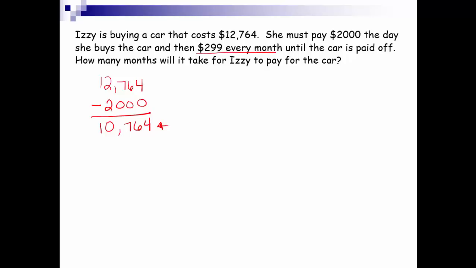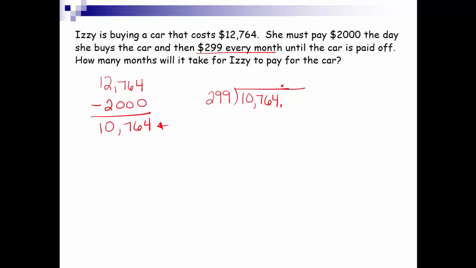Well, I'm just going to take this and split it up into payments of $299, and how long will that take? Well, if I'm breaking it up into payments of $299, that means I'm dividing. I'm dividing $299 into 10,764. I'll just put my decimal point way at the end.